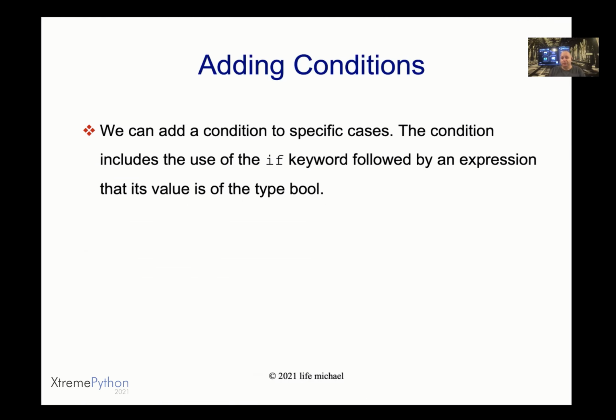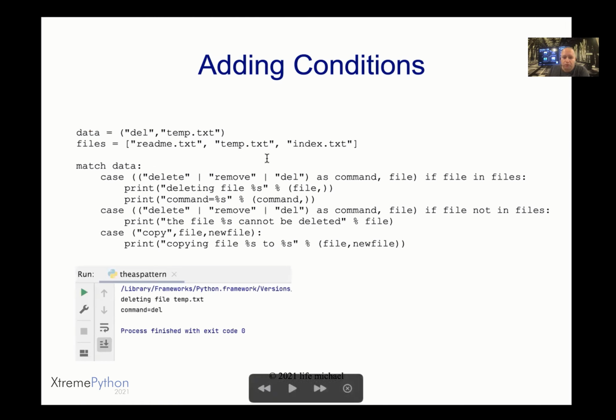Okay, we can even use a condition like the if statement, and we can say that if there is a match between the expression we use and this specific pattern, then that match will be considered a true match only if the condition right after is true.